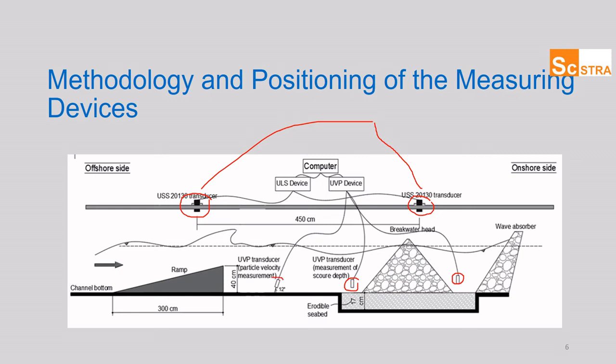And the third one we use for the particle velocity measurements: the orbital velocity of the water particles caused by the waves around them. And the ramp in the experiments of broken waves we used for the experiments of unbroken waves.